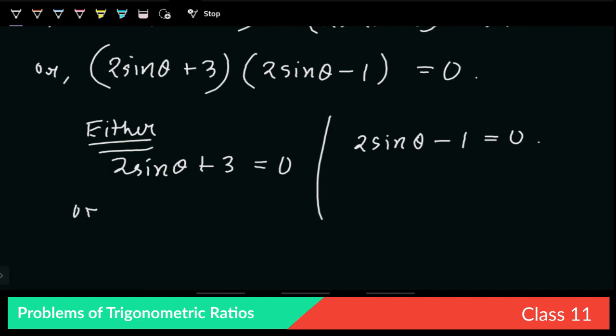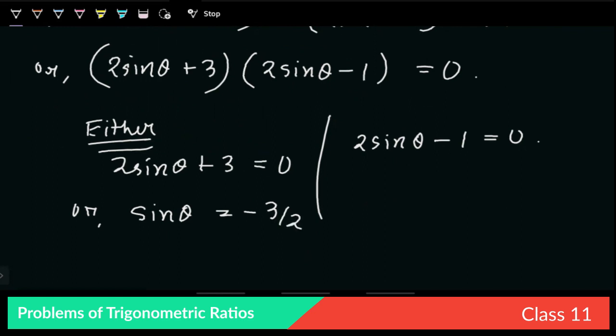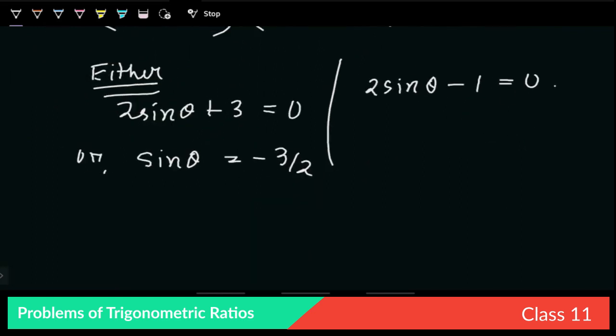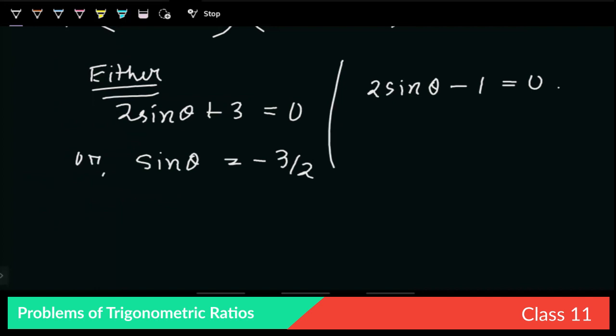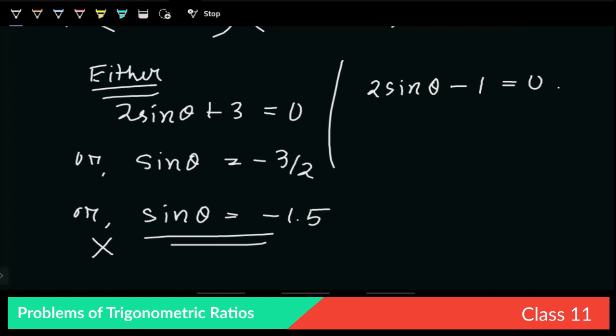Here what is the value of sine theta I will get? It is minus 3 by 2, but it is not possible. See, the value of sine theta lies between plus 1 and minus 1. It is actually sine theta equals minus 1.5, so it is not possible. We cannot consider this value.